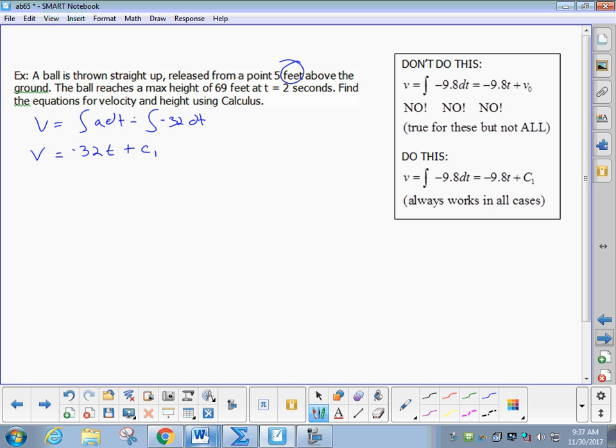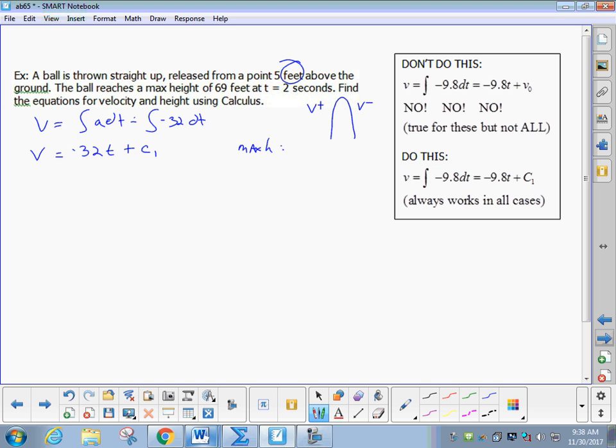What is an initial condition for the velocity? It doesn't really say, but it's kind of inferred. Max height. What do we know about max height? If it reaches its max height, the velocity is going from positive to negative.